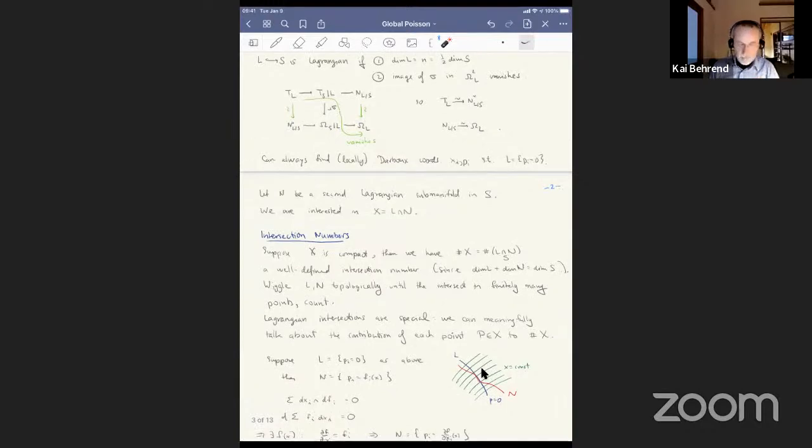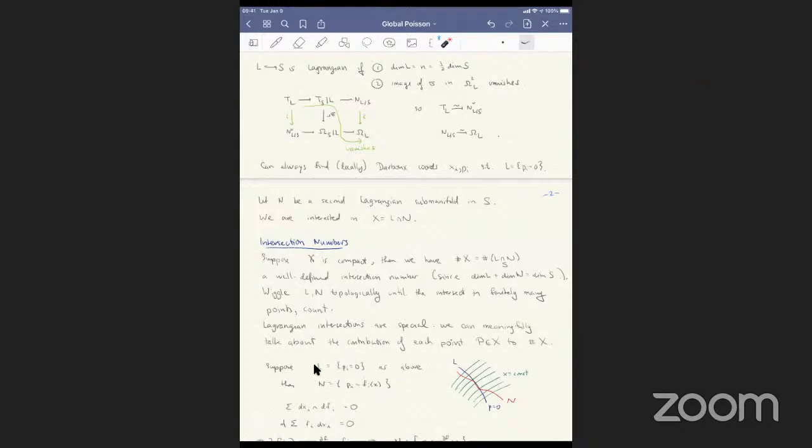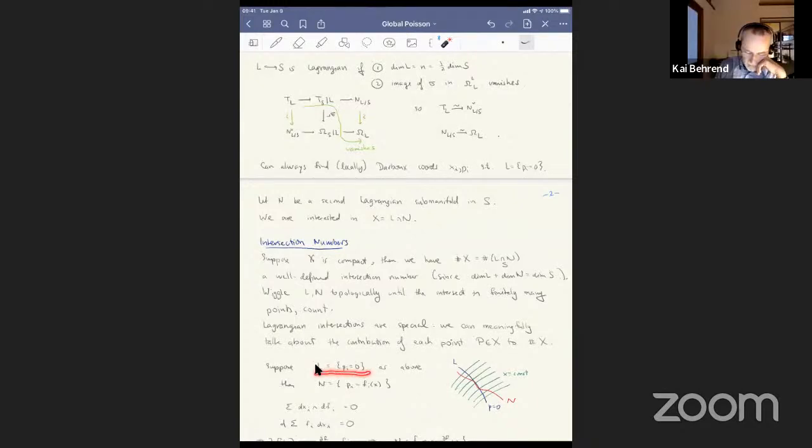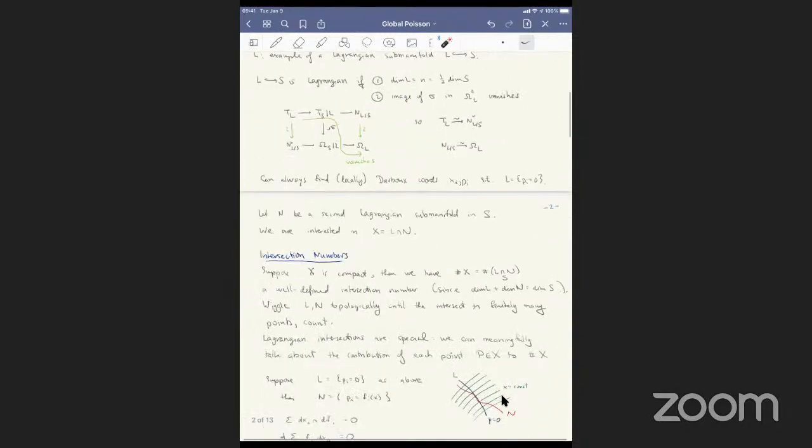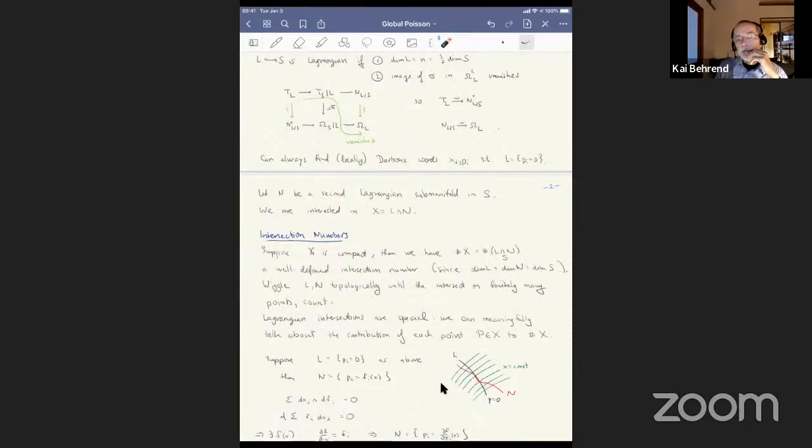So let's choose locally Darboux coordinates for L. So L is given by the vanishing of the p_i, so that my symplectic manifold looks like the cotangent bundle of L. If I've chosen the Darboux form generically, then this other submanifold N will also be transverse to the fiber of that bundle projection, and so I can think of this N as a section of this bundle over L. So it's given by equations like p_i equals f_i of x.